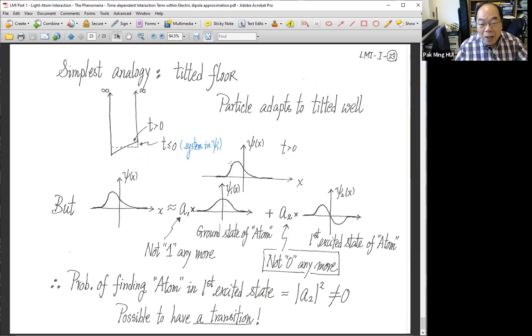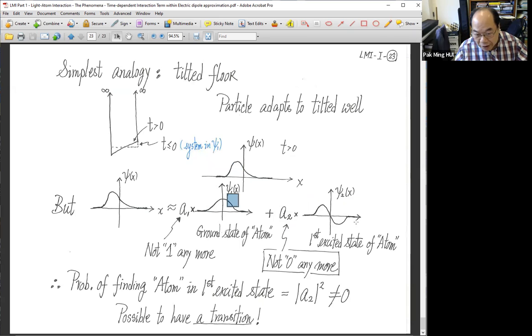But we are focusing on the atom. What is the atom? The atom is the flat bottom atom. Now, the state for the tilted well can be written as some coefficient times the ground state of the flat bottom atom, plus another coefficient times the first excited state. This side is positive, this side is positive, add up to more positive on this side, right?